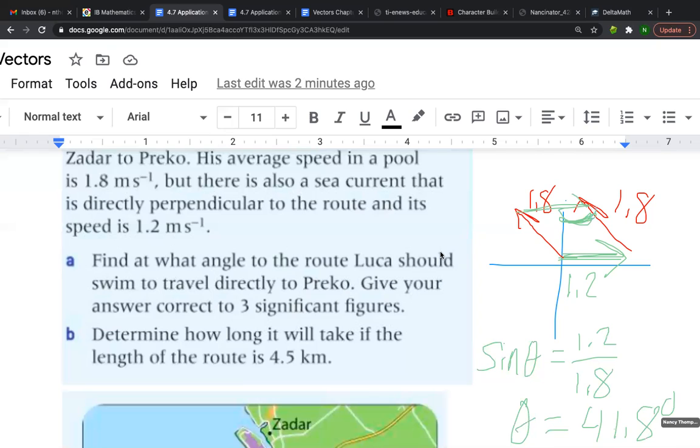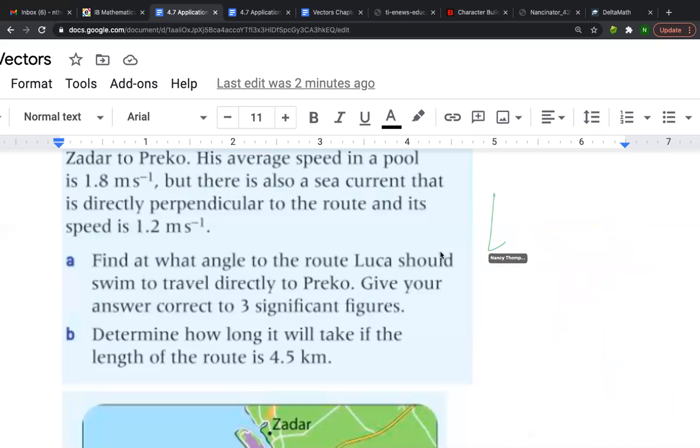Part B says determine how long it will take to travel the length of the route if it's 4.5 kilometers. So just remember that time is equal to distance over velocity.